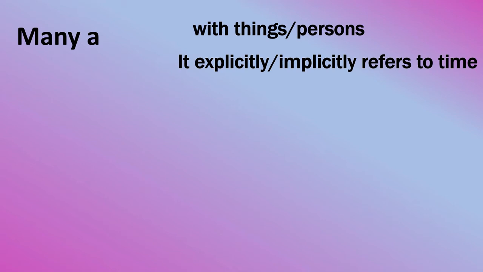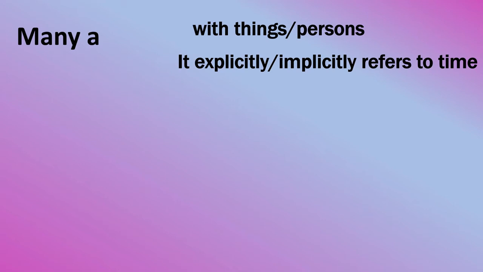That's the difference of many a from much and many. Much and many gave us only indications related to quantity or number. Here, many a gives us a reference to number, but along with that, either explicitly or implicitly, it gives us a reference to time.